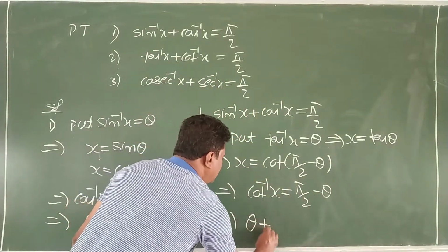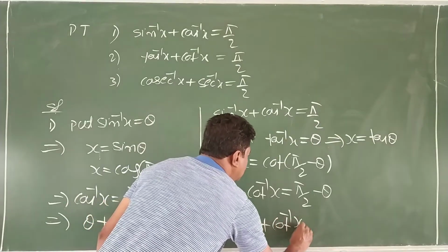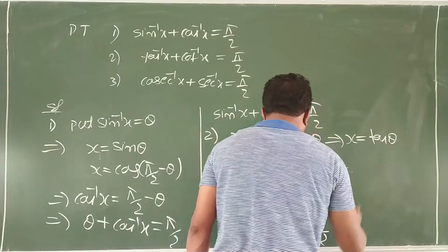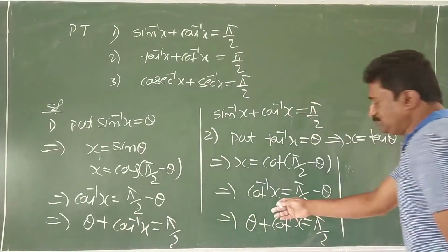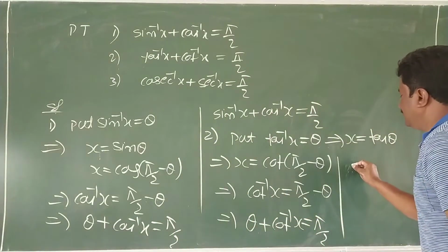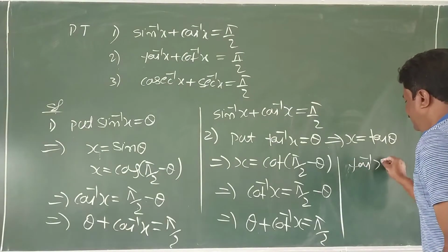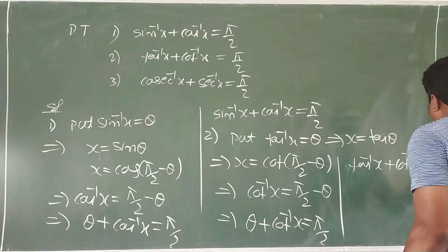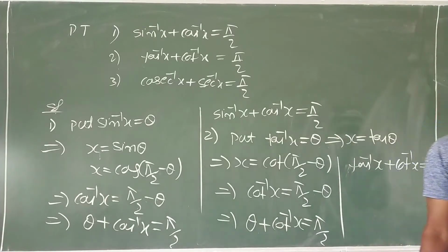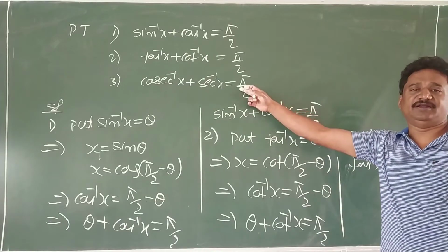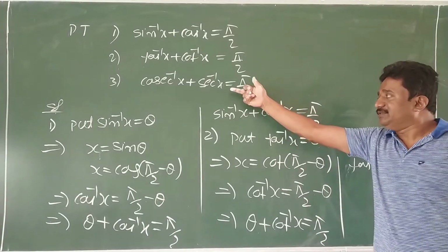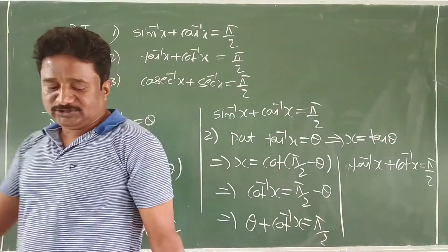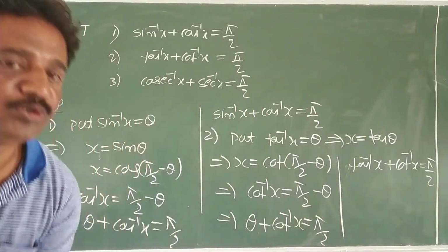So theta plus cot inverse x equals pi by 2. Finally, you write what theta is. Substitute for theta: tan inverse x plus cot inverse x equals pi by 2. I hope you understood this. I leave the third one to prove by yourself. Same proof.